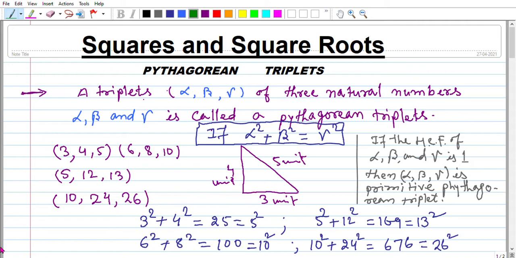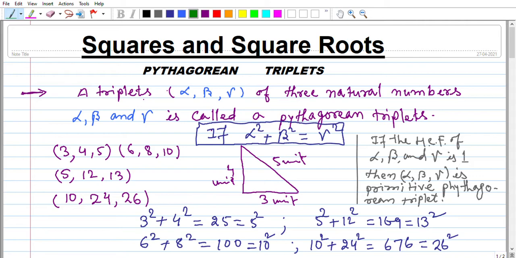In class 6-7 you have listened to Pythagoras, the mathematician who gave us in geometry that the perpendicular square and base square, their sum is always equal to the hypotenuse square.